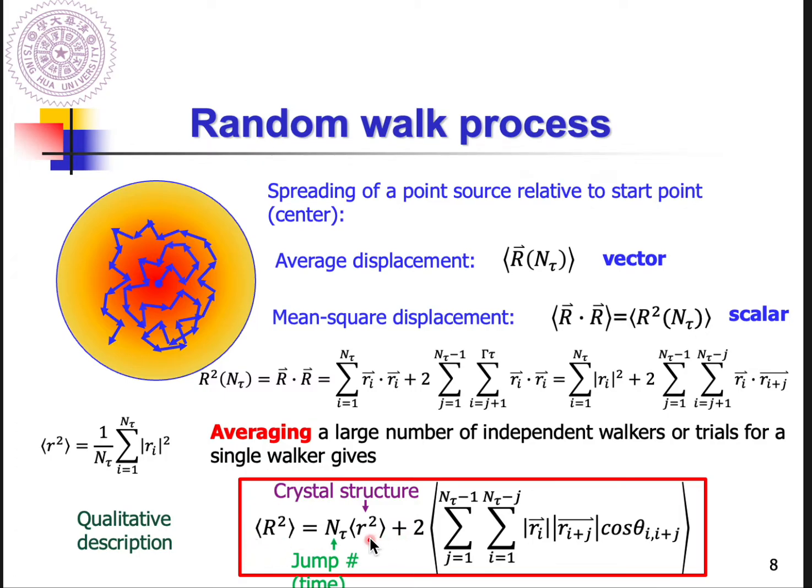And if each jump in the crystal structure is longer, you also get a higher mean square displacement. It can well describe the diffusion phenomena at macro scale, and link the macro scale with the micro scale.